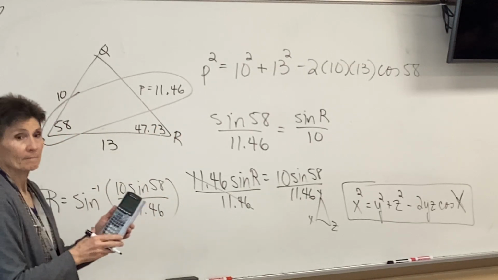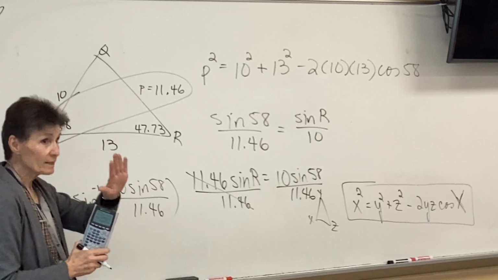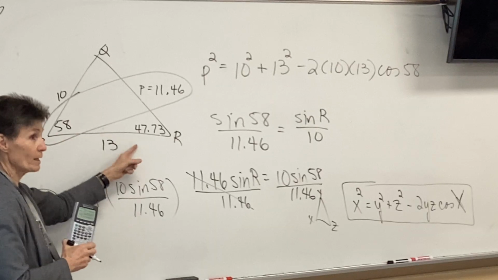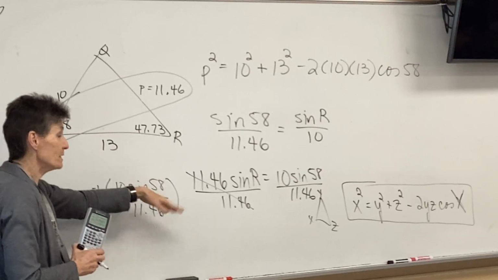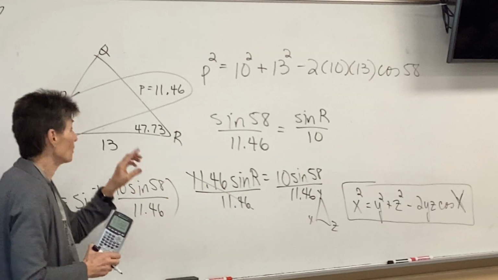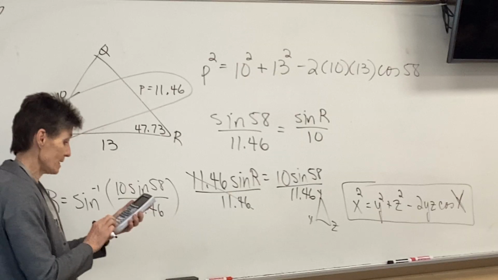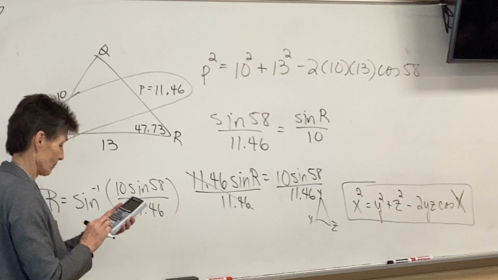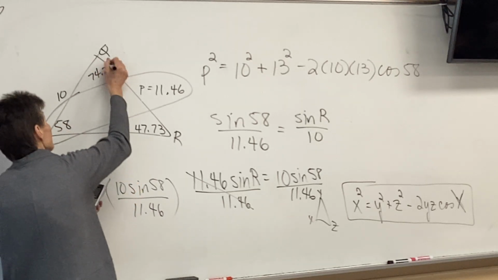Yep. And then the really good news is, the only thing left is that angle. But look, don't you have two of them right here? So I don't need to do all this to find the third angle. All I need to do is add these up and subtract from 180. 74.27.